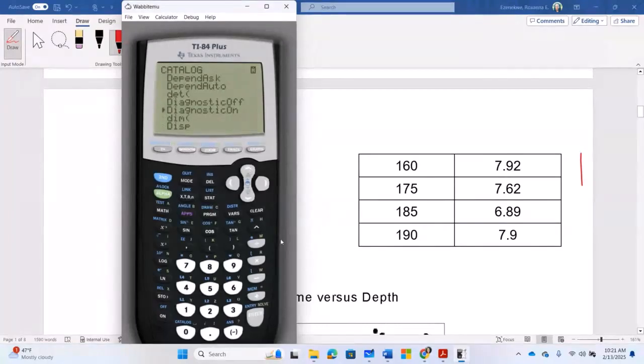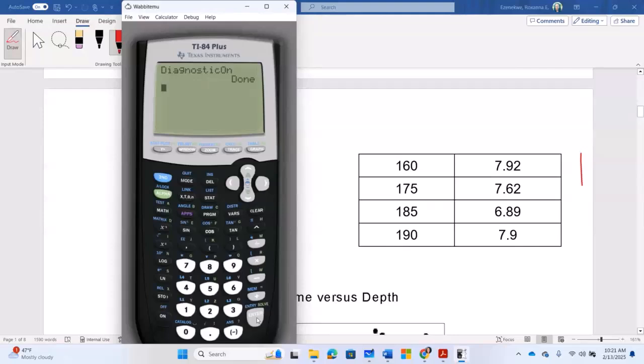See, diagnostic on is right there. I haven't turned it on, so I can just click enter. So it is on.